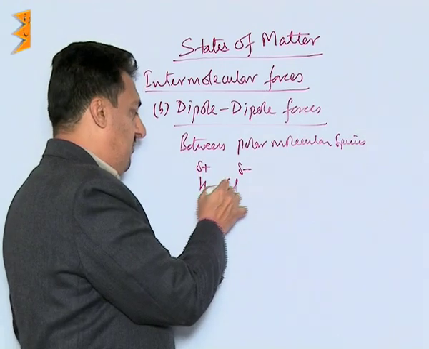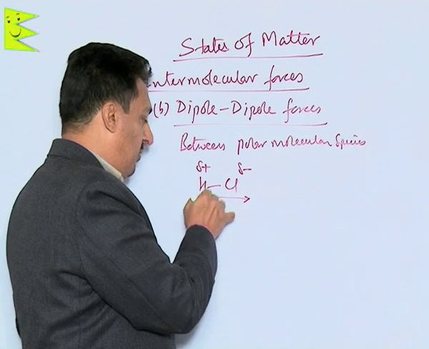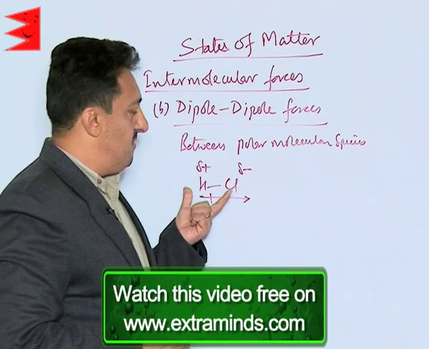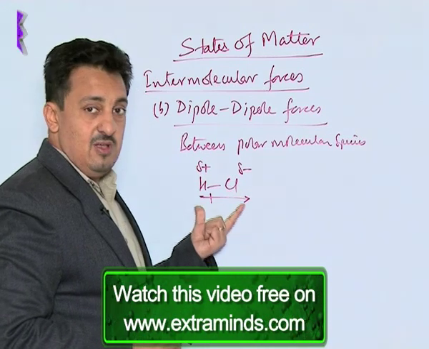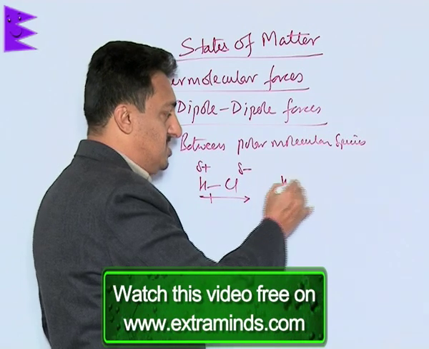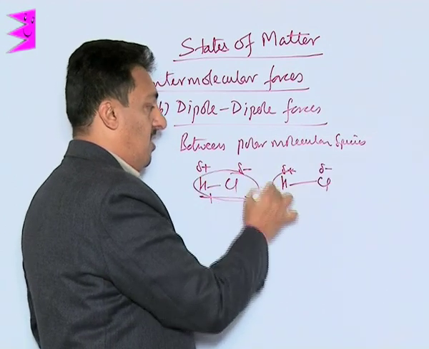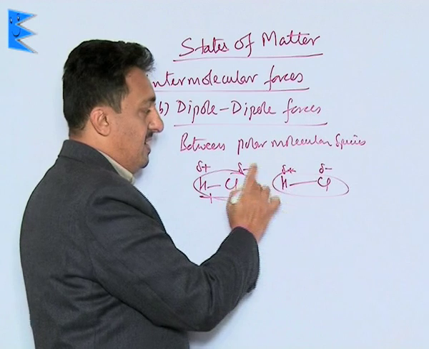As a result, they have permanent dipoles and dipole moments, which are actually in the direction from positive to negative side. Now, when such polar molecular species come closer to each other, they develop a force of attraction which is called dipole-dipole interaction.